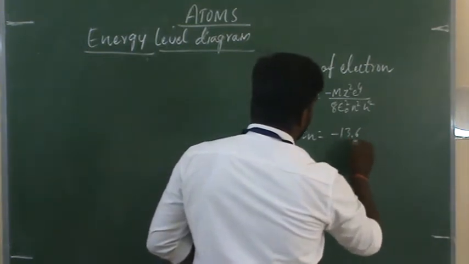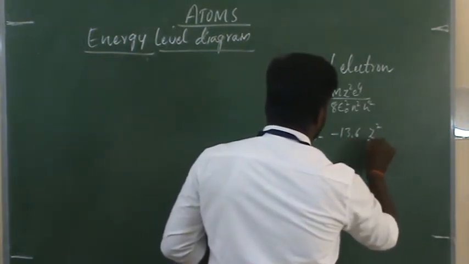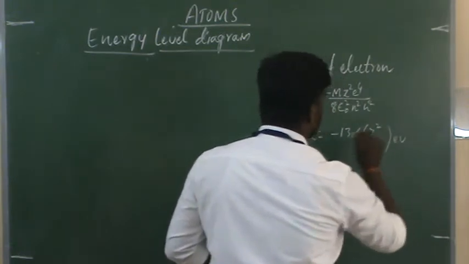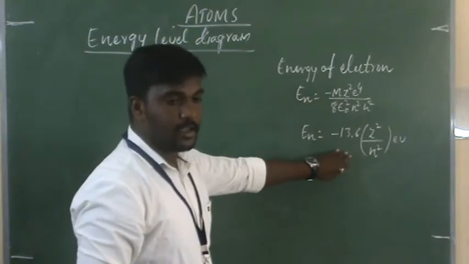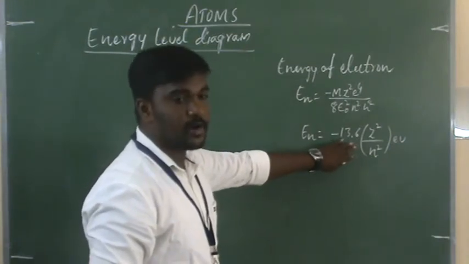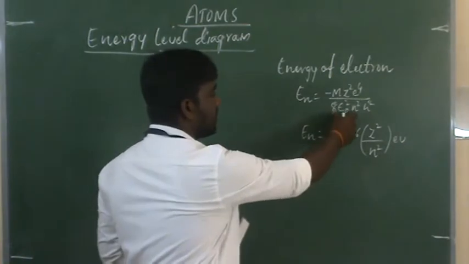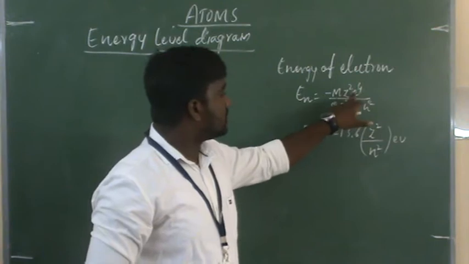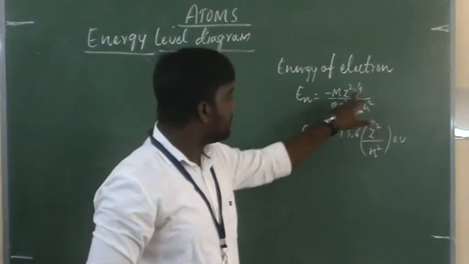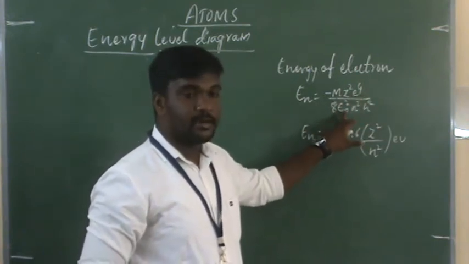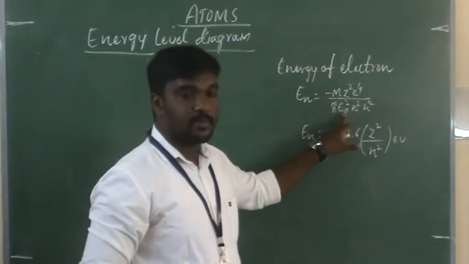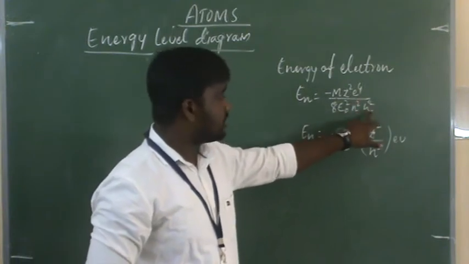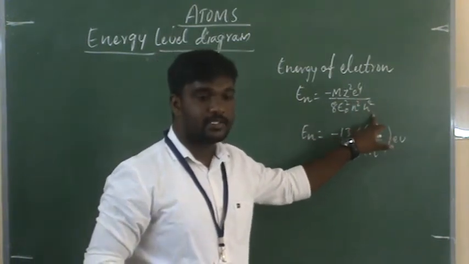En is equals to minus 13.6 into z square by n square electron volt. How we got the minus 13.6 means we substitute the values. Here m is the mass of the electron, z is the atomic number, epsilon naught value is 8.85 into 10 to the power of minus 12, and h is the Planck's constant.